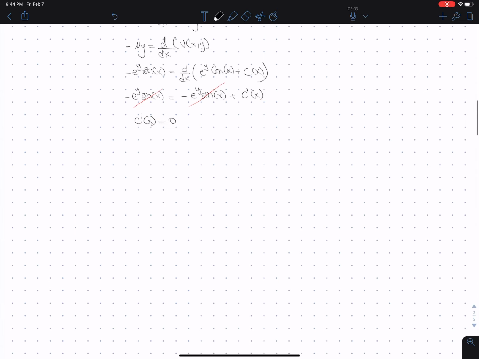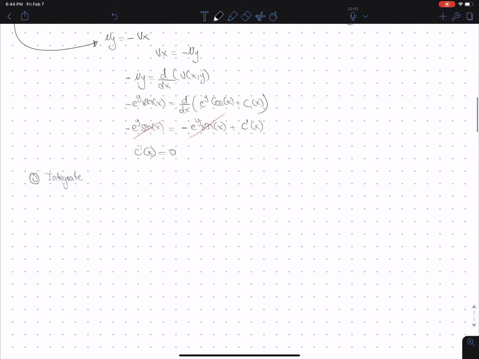So step number 5. We need to integrate c prime of x.